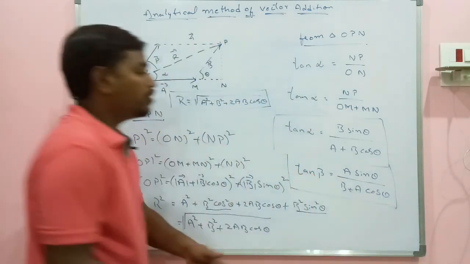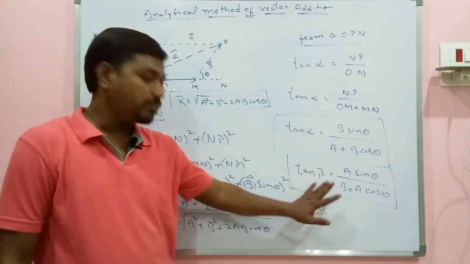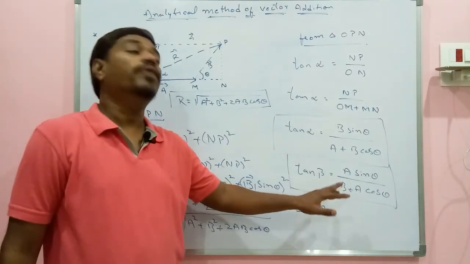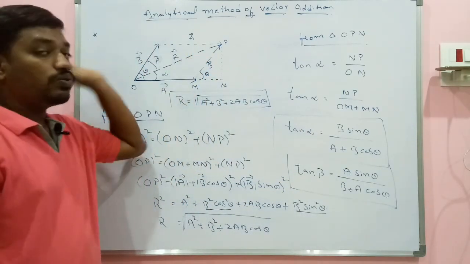But mostly we will be using this particular case itself. In rare cases we will be using tan beta. Remember, beta is the angle made by vector R with respect to vector B.